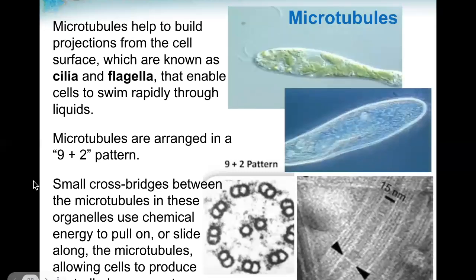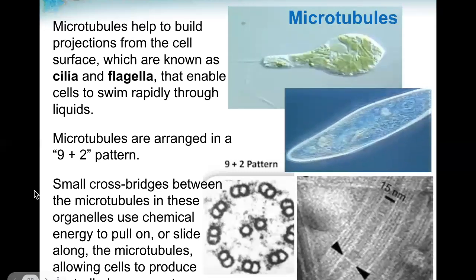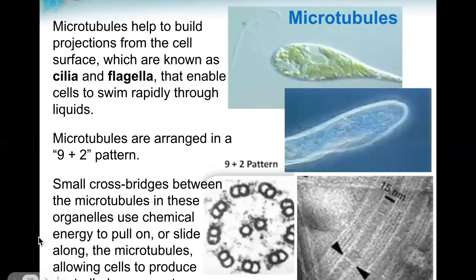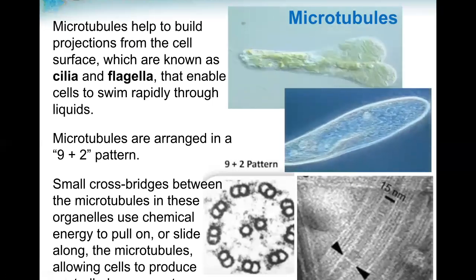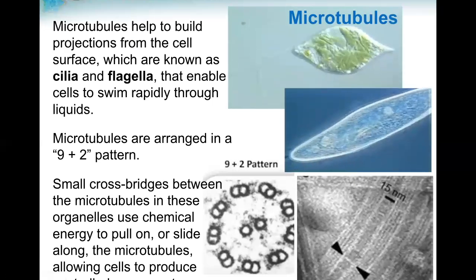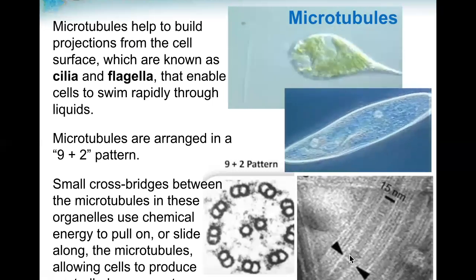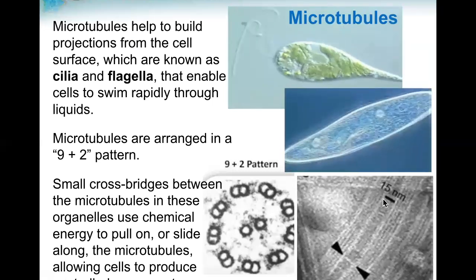Small cross bridges between microtubules in these organelles use chemical energy to pull on or slide along. The microtubules allow cells to produce controlled movements. Connection between two tubules, cross bridge. It's 15 nanometers.